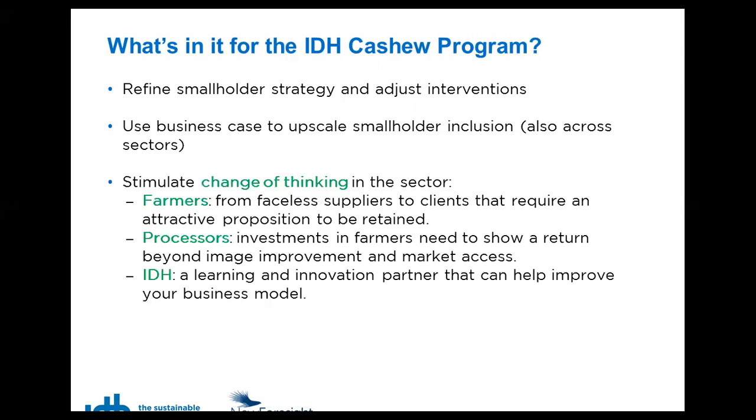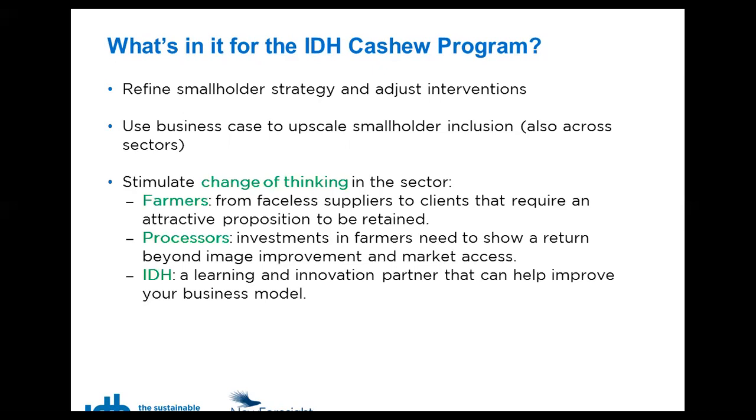And then thirdly, and probably most importantly, we want to stimulate a change of thinking in the sector. Farmers, whereas before they were somewhere in the dark of the sector where nobody really knew what was happening, were faceless suppliers that now need to become clients of the processors, who require an attractive proposition to retain them and not simply hard bargaining.